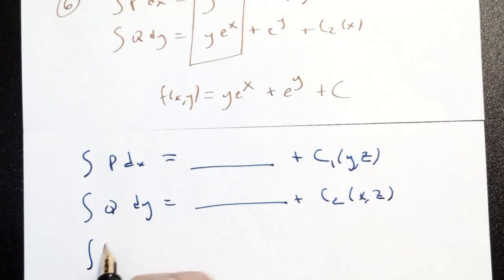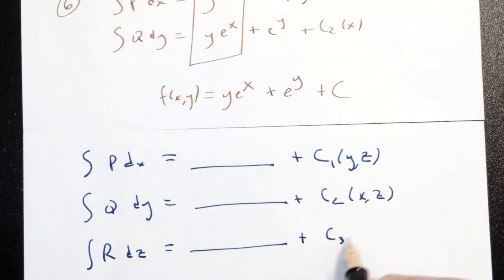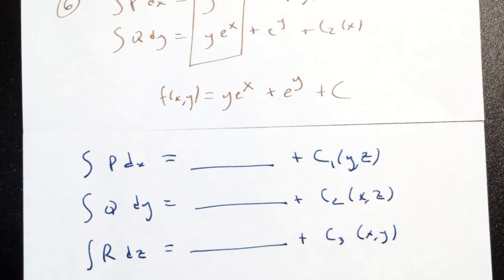And when I do the integral of r dz, I get stuff plus a constant in x and y. It's missing the letter I integrated with respect to. Now, unfortunately for me, at this point in time, they have to tell me, hey, this is conservative, for me to do the three-way one.